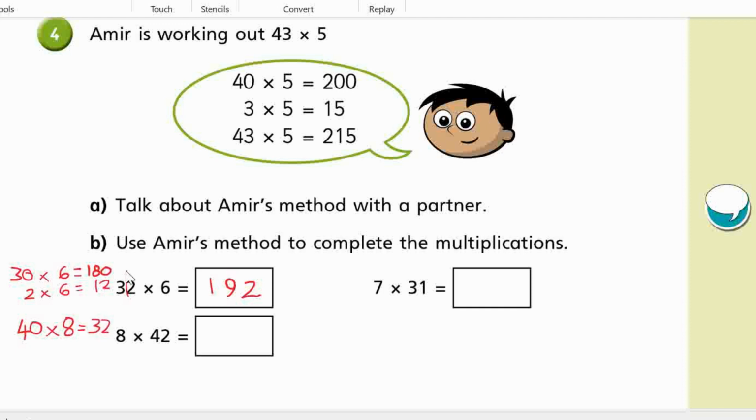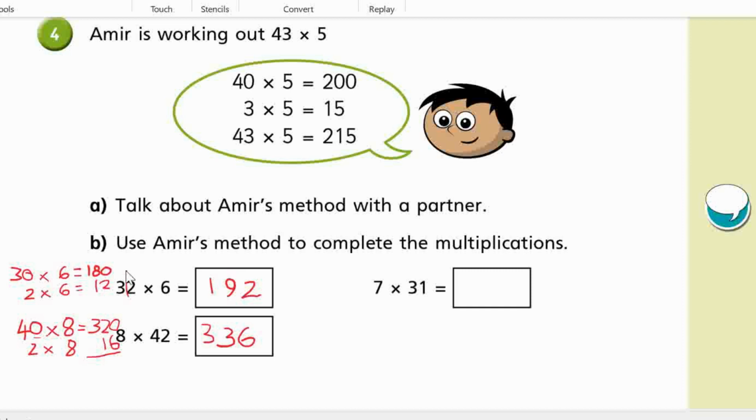But we need the 0, so it's 320. Okay, then we have the 2 times 8. And what does 2 times 8 give us? Good. So 6 plus 0 is 6. 2 plus 1, easy, 3, and then 3. Okay? Right, on to the next one.